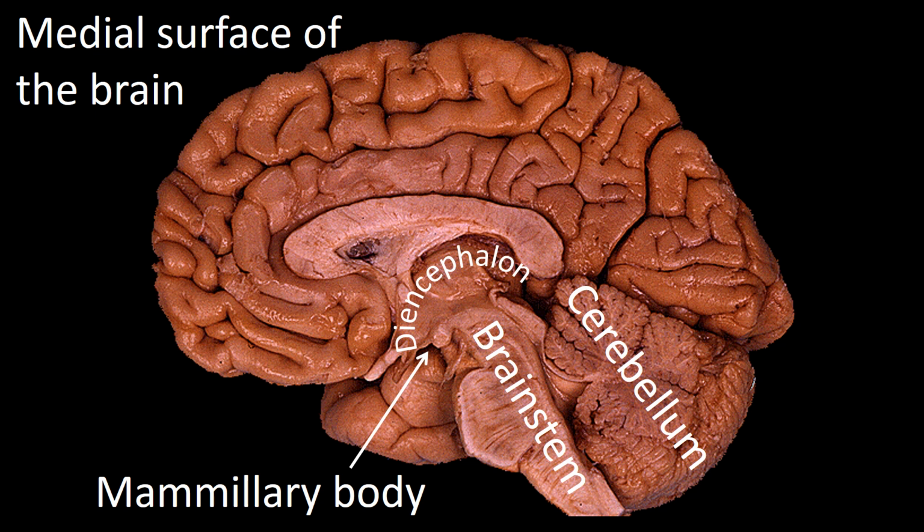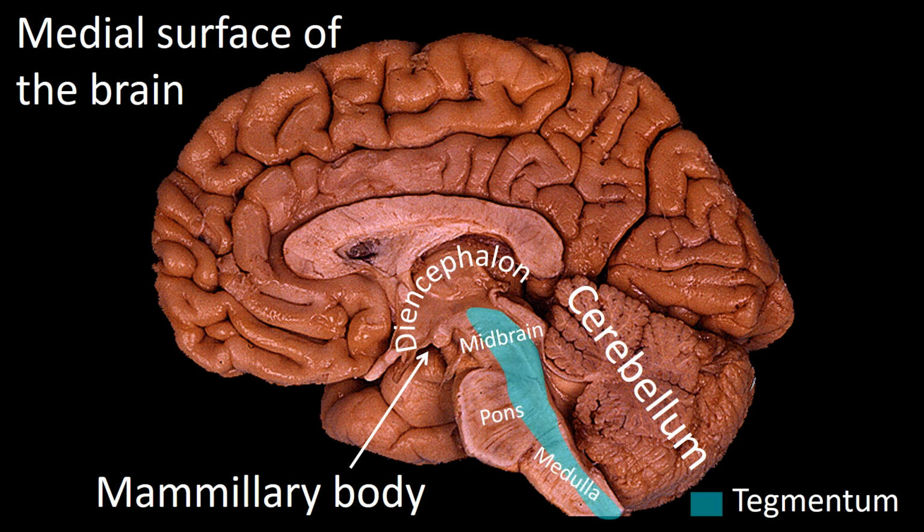The mammillary bodies, which are protuberances on the ventral surface of the hypothalamus, contain the mammillary nuclei. The brainstem is divided into midbrain, pons, and medulla. The area I have just shaded is called the tegmentum.